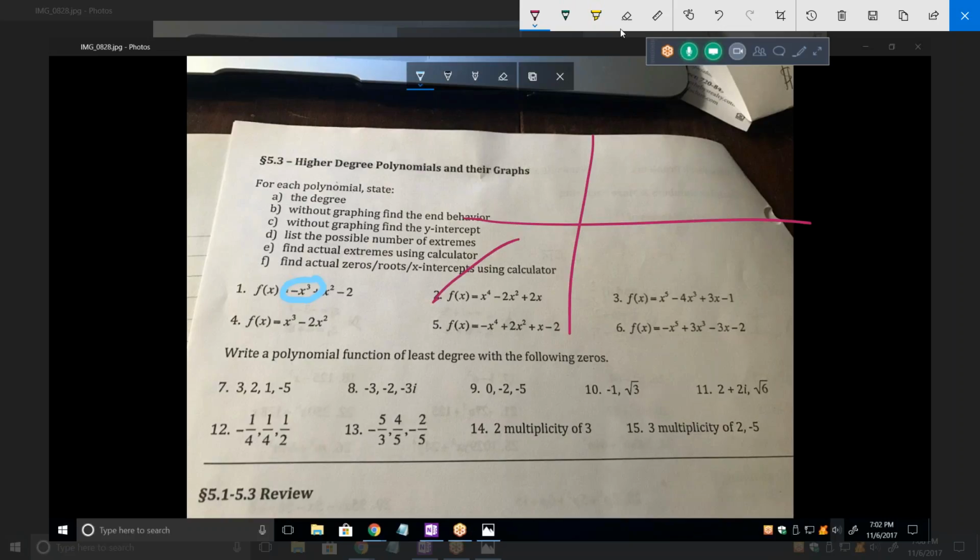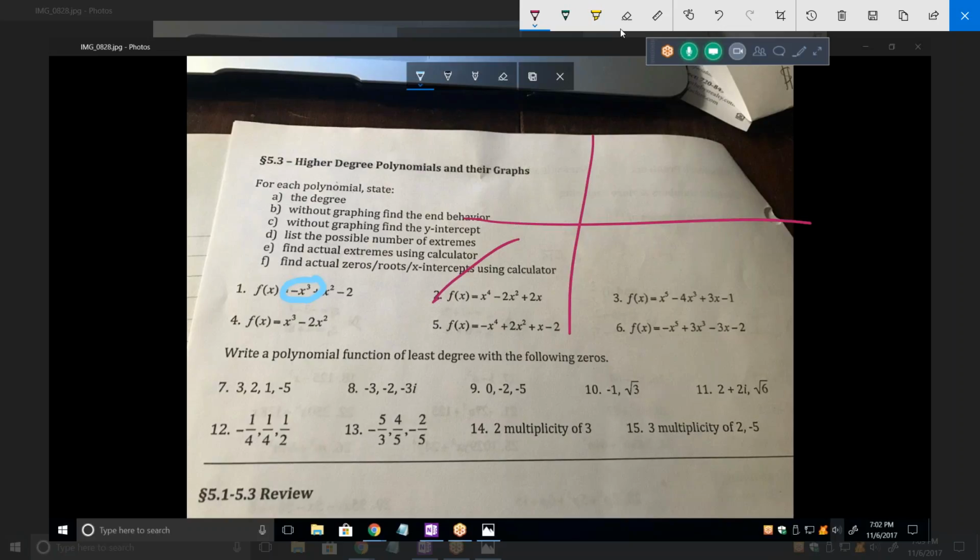I'm not sure what your teacher requests, but when you're talking about end behavior, the best way to talk about it is as x goes to negative infinity, f of x goes to negative infinity. That is extremely specific.